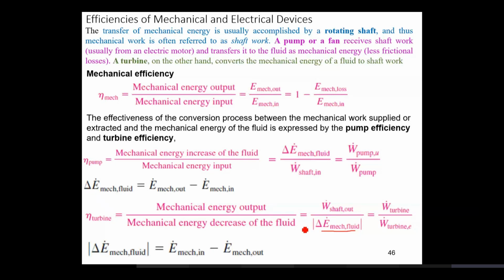This means that this would be a positive quantity, and essentially the efficiency of the turbine has to be a positive quantity. So out of that, let's say 3 megapascal, 2 megapascal is being supplied to the shaft. So that means your efficiency would be somewhere around 66%. Clear enough? All right.